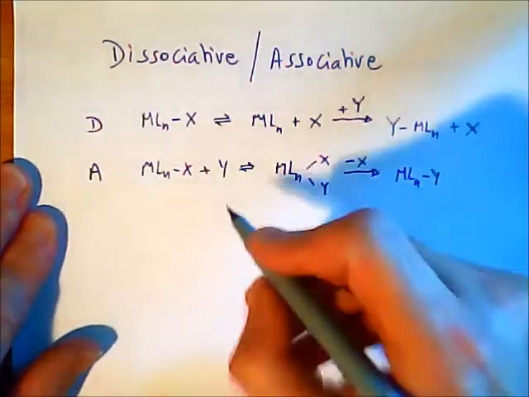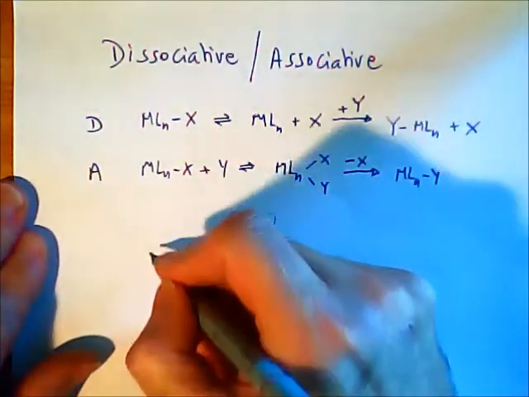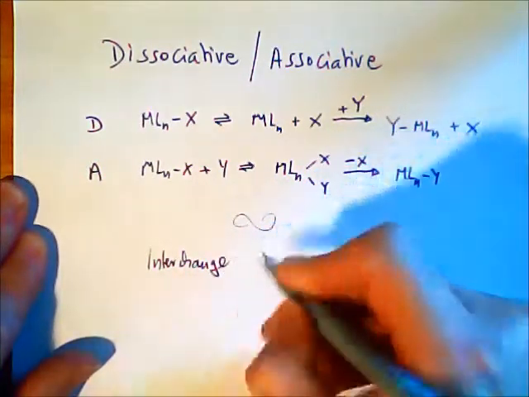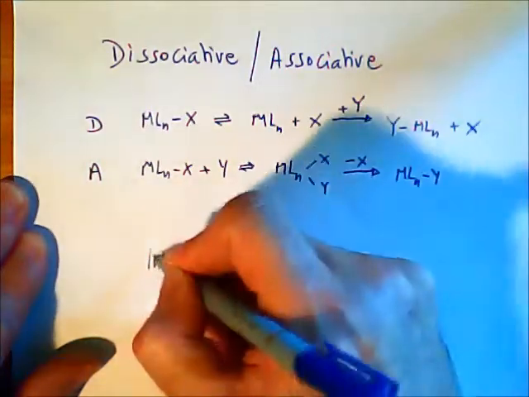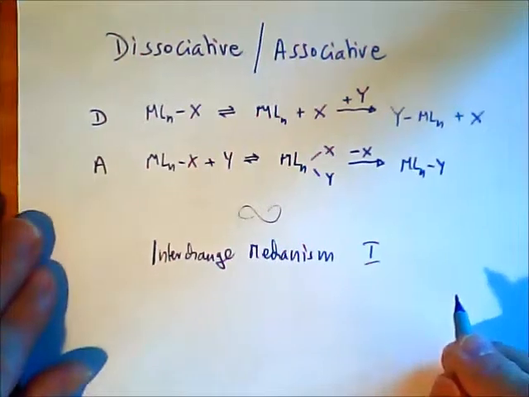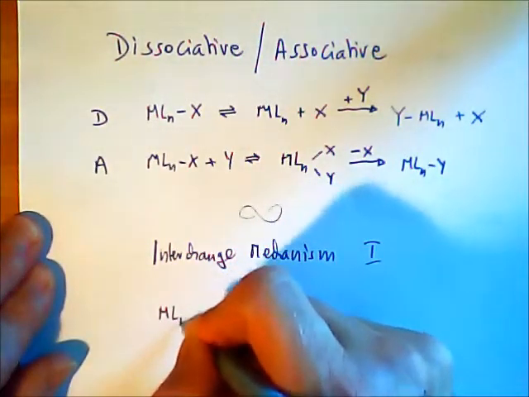Beside these 2, we have a so-called interchange mechanism, called I. In this mechanism we have something in between, so we could write it like this.